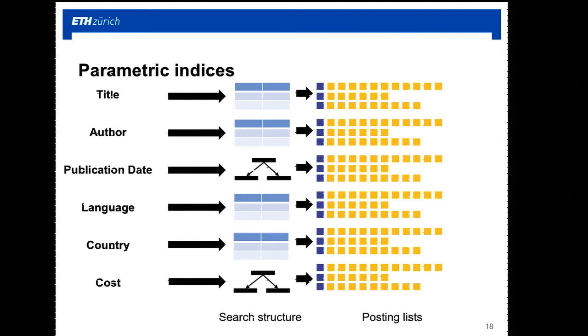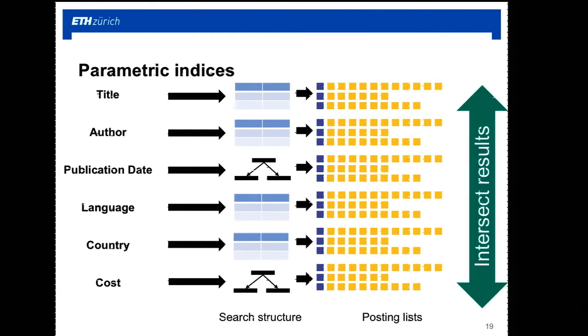But if you think of it, what you are returning with these indices are rows, and a row is a posting or is a document ID. So I'm abusing the terminology here just to show you how, in the end, what you end up with is a list of documents that you return as results. And then you intersect results in pretty much the same way.